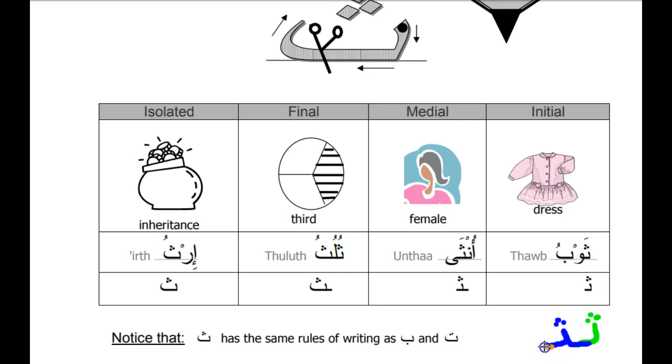At the end, if the letter before allows it to connect, it comes with an arm, then you just draw it complete. The example is thuluth. Actually, thuluth has tha at the beginning and at the end. Now, you might ask, why are you reading thuluth when here it says clearly thuluthu?